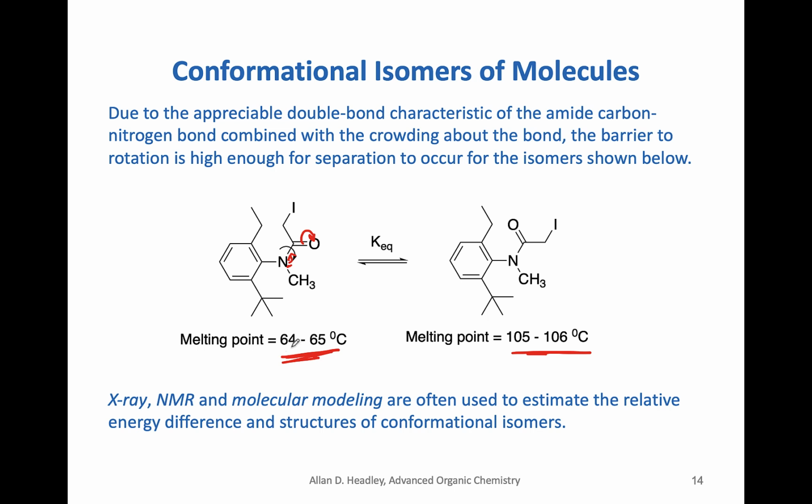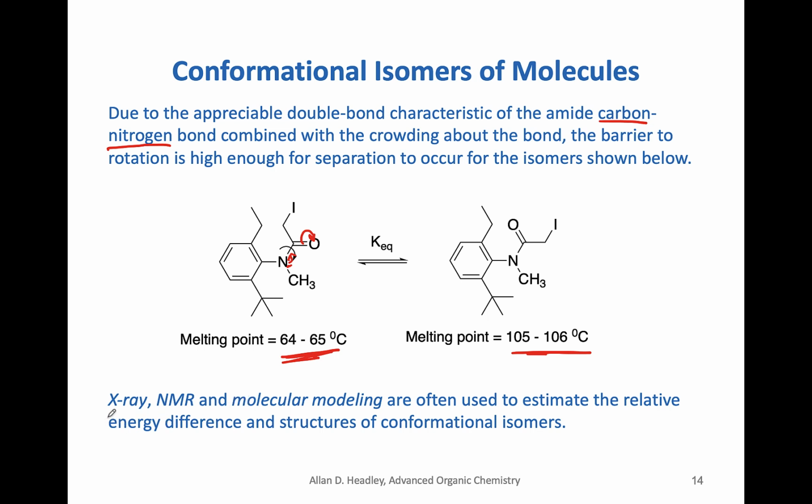This has a melting point of 64 to 65, and this one is much higher, 105 to 106, all because of possible rotation here restricted based on the large groups, and also because of the double bond characteristics of the carbon nitrogen bond right here. You may be wondering, how can we make such observations?